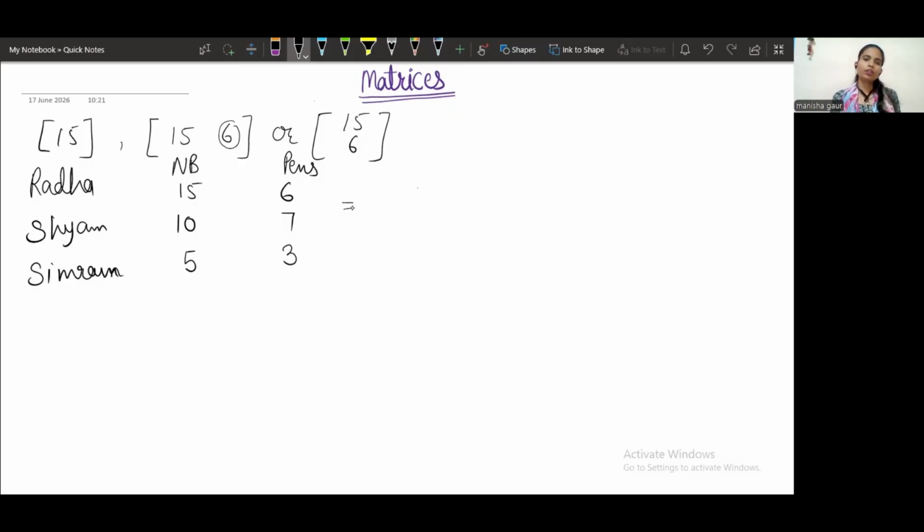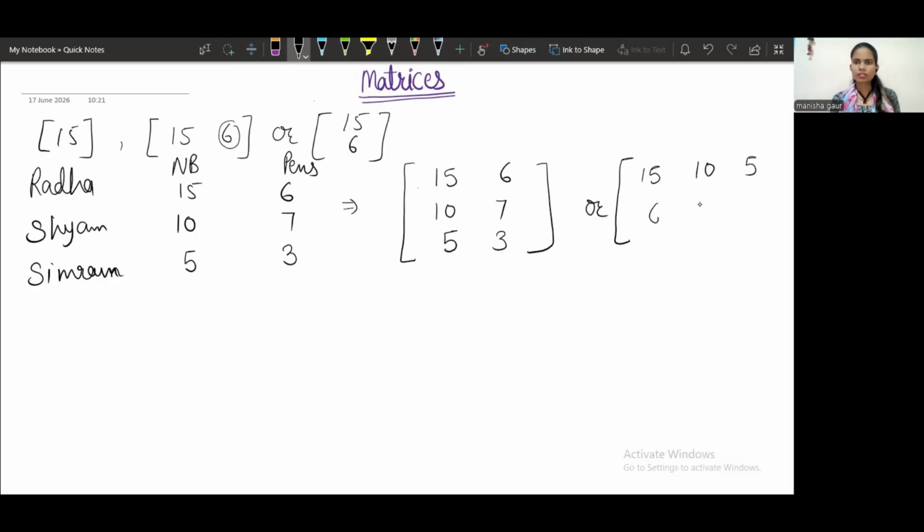So if we convert this information into tabular form, how will you express it? 15, 6, 10, 7, 5, 3. You can show this information in this form also: 15, 10, 5, 6, 7, 3. Both of these formats you can use, any one.